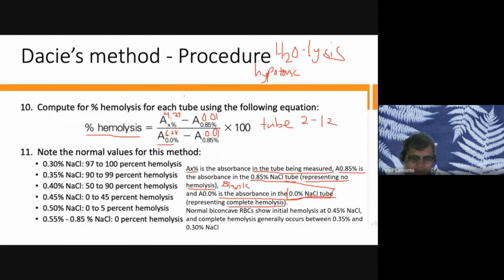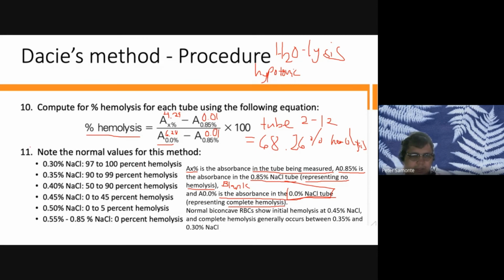You would have 4.28 divided by 6.27 times 100. You would get 68.26% hemolysis. Now, how would we know, class, if it is partial, complete, or no hemolysis?